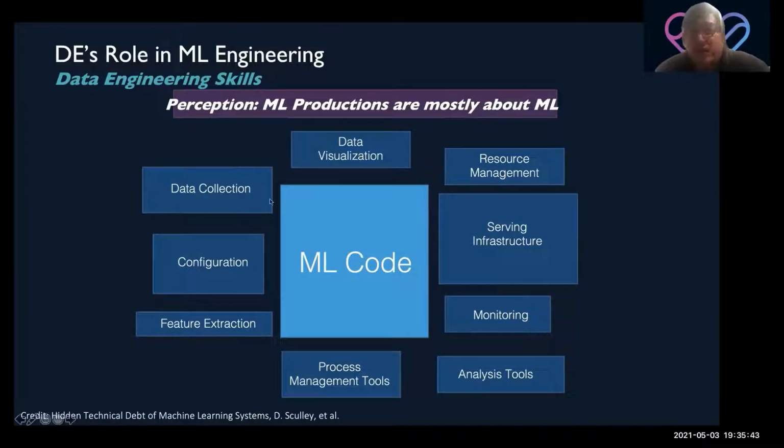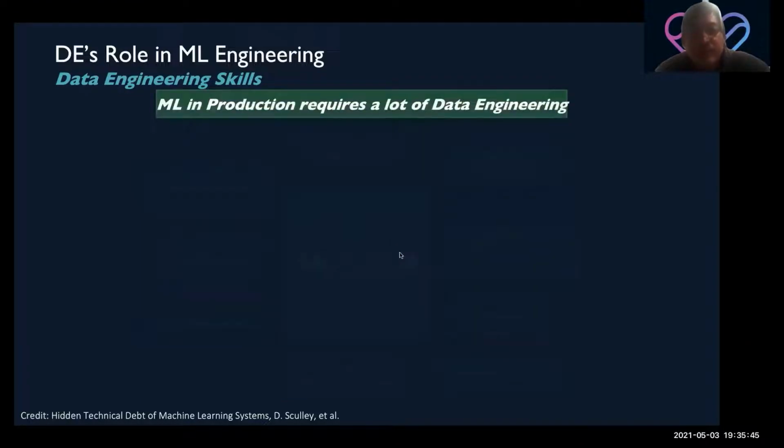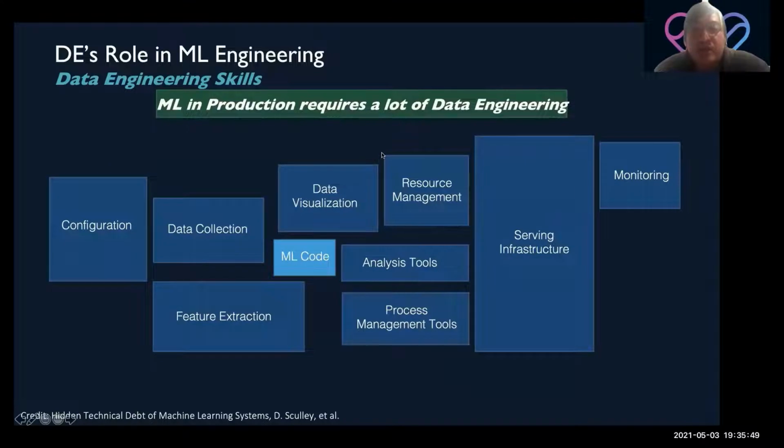So there are a lot of small use cases here. But this is actually what ML in production looks like, right? It actually requires a lot of data engineering, DevOps, and machine learning engineering, not just data engineering, right? When you look at the code base, your machine learning code is really small. But you're going to write a lot of code for data engineering and for machine learning engineering as well.